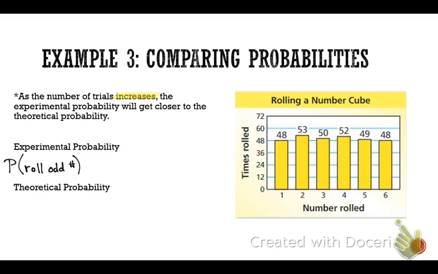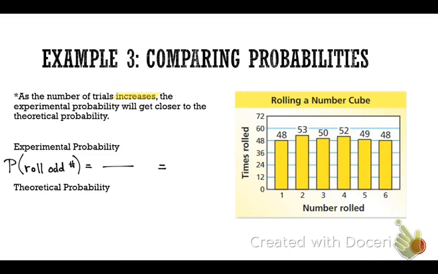So you need to know what you're going for, and it's an odd number here. So find the experimental probability based on the data from the bar graph of rolling an odd number. Now the last example kind of prepared us for what we need to do here to calculate our totals. Okay, so go ahead and try to come up with a fraction, and then you would convert that to a percentage. All right, let's work on that.